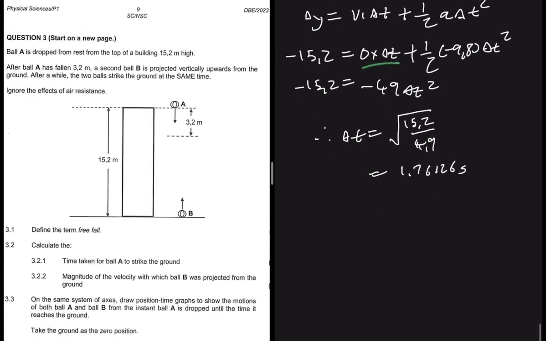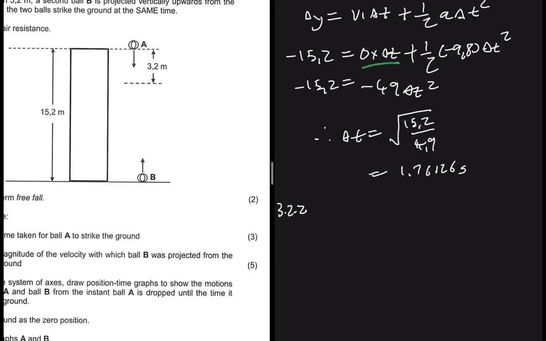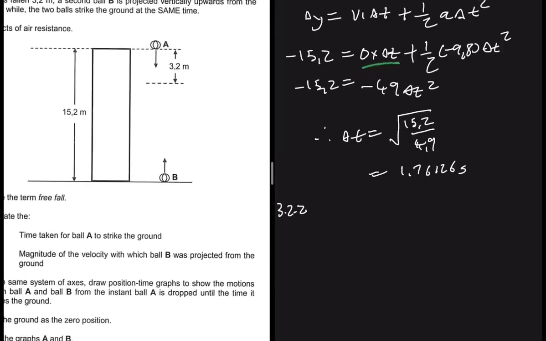Let's do 3.2.2. So in 3.2.2, quite a demanding one, right? 5 marks. We're looking for the magnitude of the velocity with which ball B was projected from the ground. So let's look at the information we have. We don't have VI.